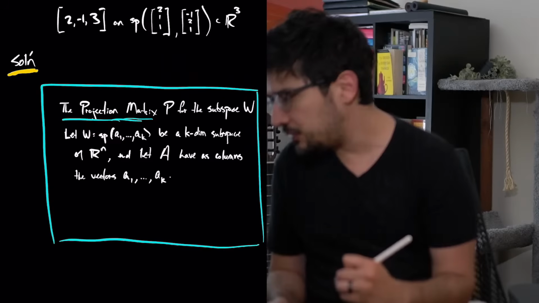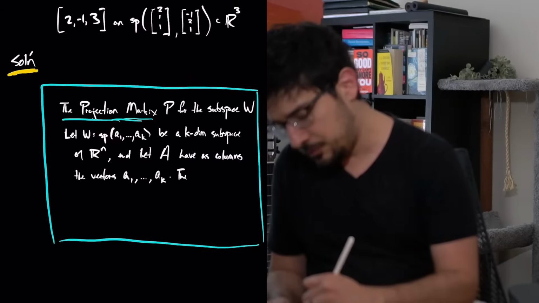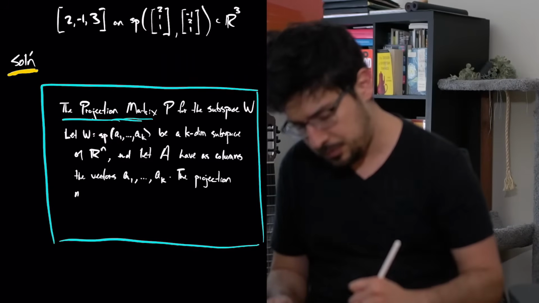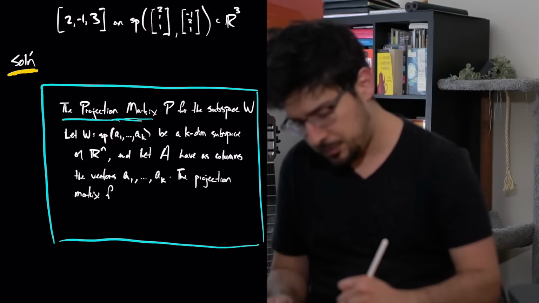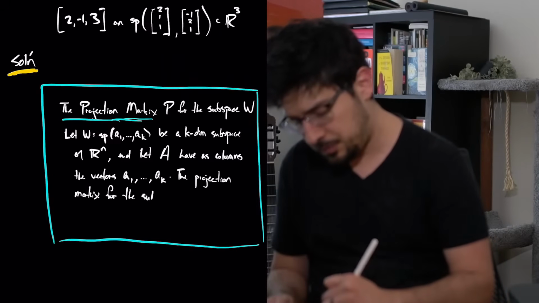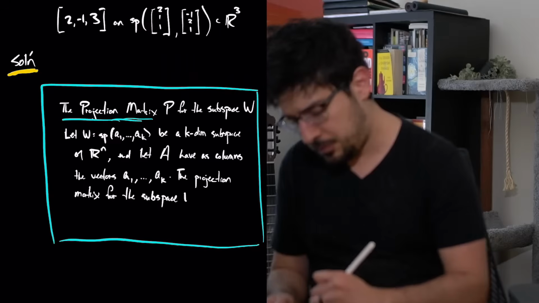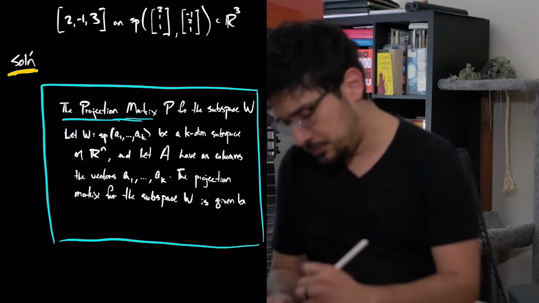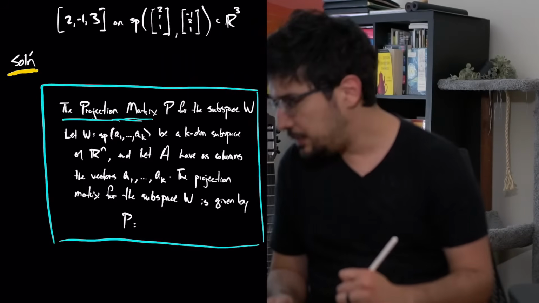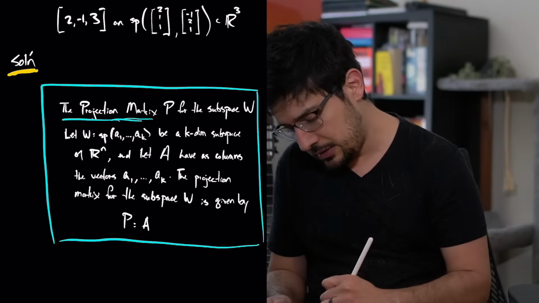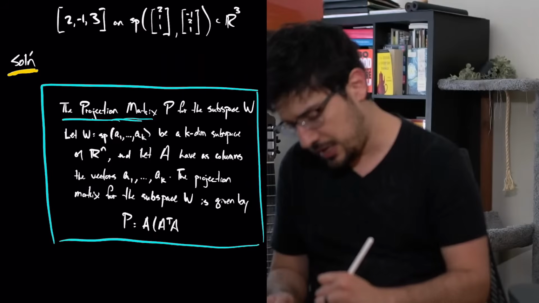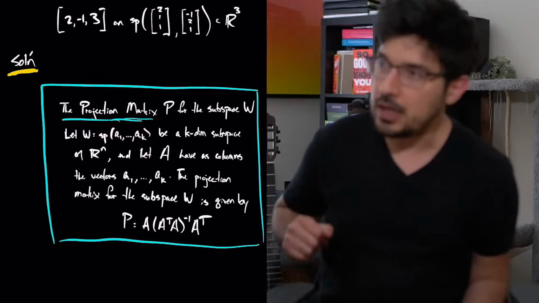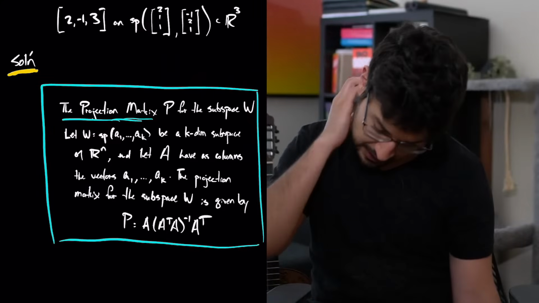The projection matrix for the subspace W is P equals A transpose A inverse A transpose. Okay, so I need to understand how we get that.